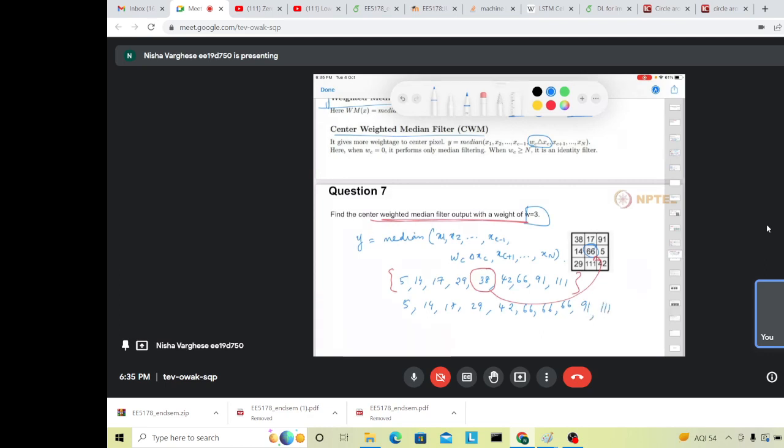Then we have to find the median. So here the median is 42, right? So 42 is the median. So if you are finding the center weighted median filter output, we will give 42 as the output to the center pixel.